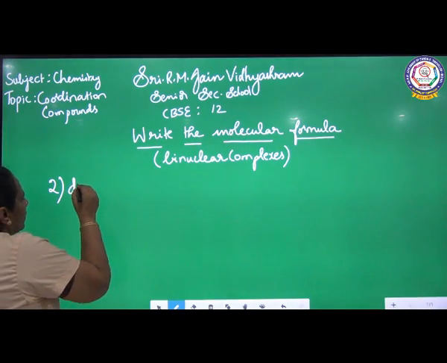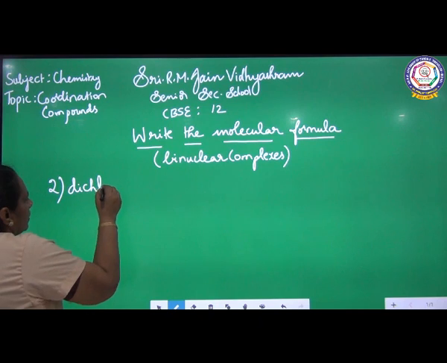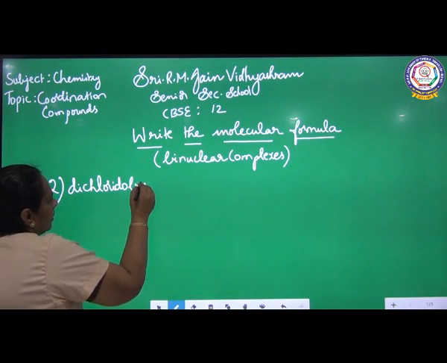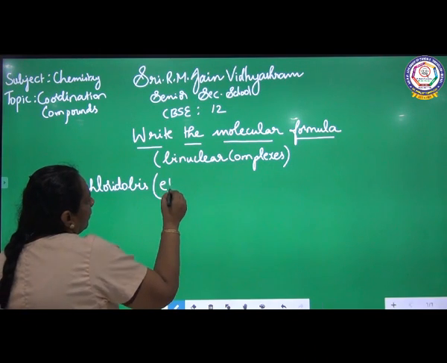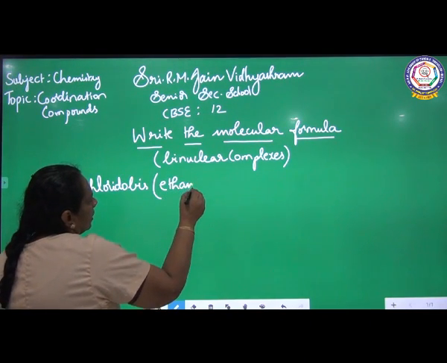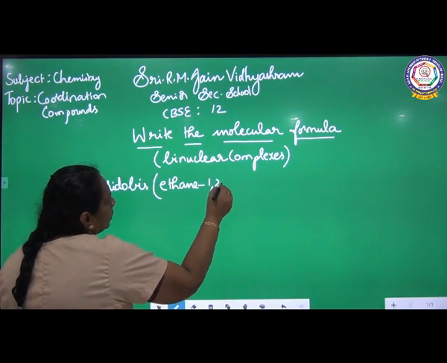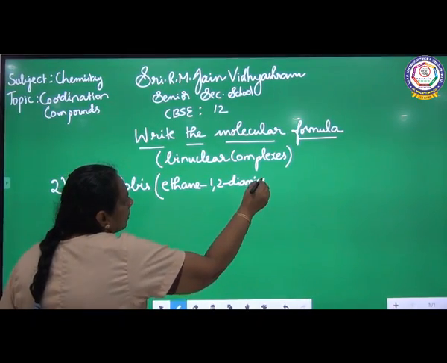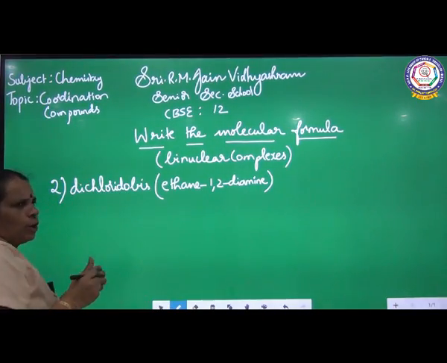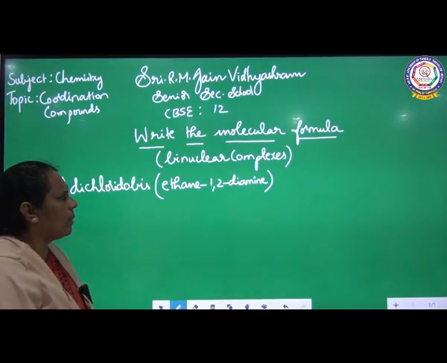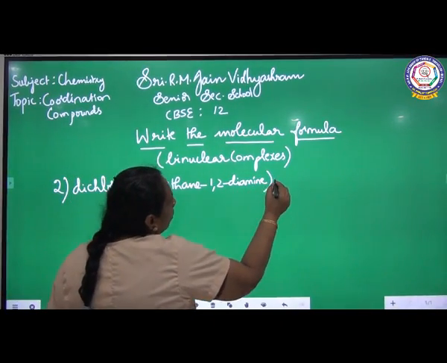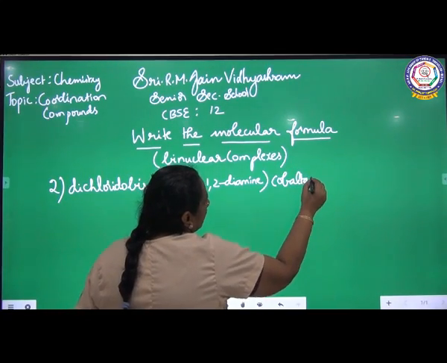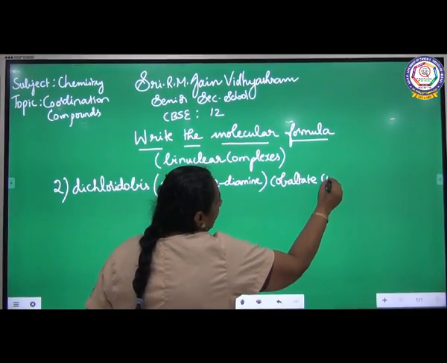dichlorido bis ethane 1,2 diamine cobaltate 3 ion.